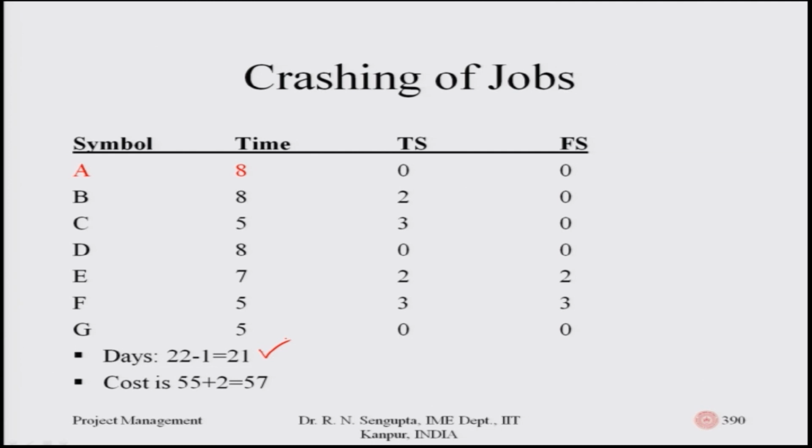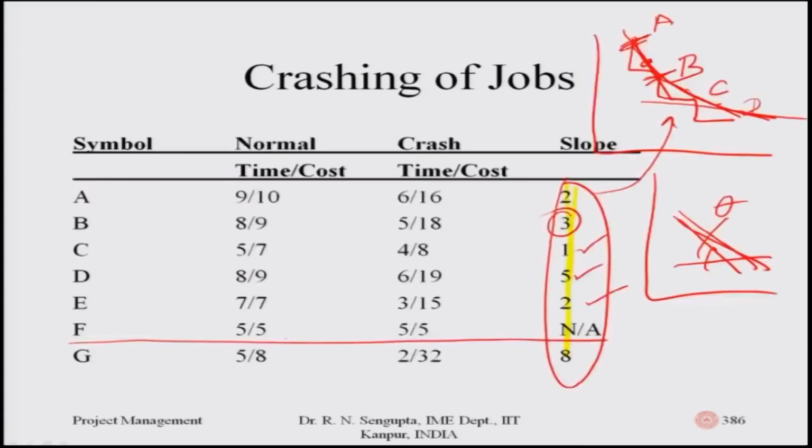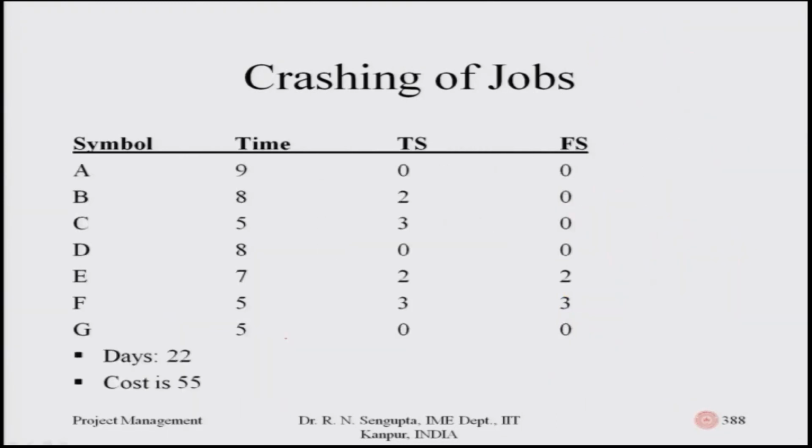Now, you will immediately ask what is the increase in the cost. So, if you go to the cost structure of A, again I will go back to the cost structure. If you see the first row, the cost structure is given by the slope of 2, that means per 1 day decrease in activity duration for activity A, your total cost increases by 2 units. So, let us go back, total cost was 55 as you see in this slide when there was no crashing.